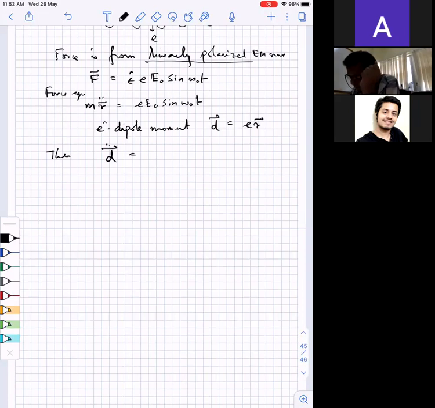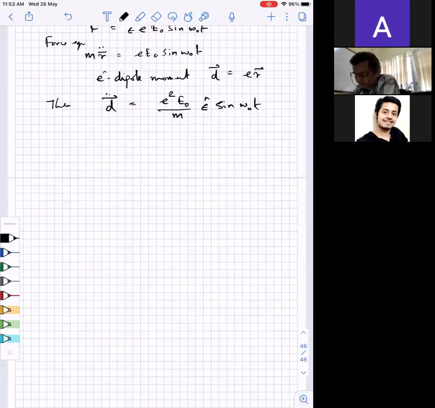It's basically E squared E_0 by m, and you integrate this.